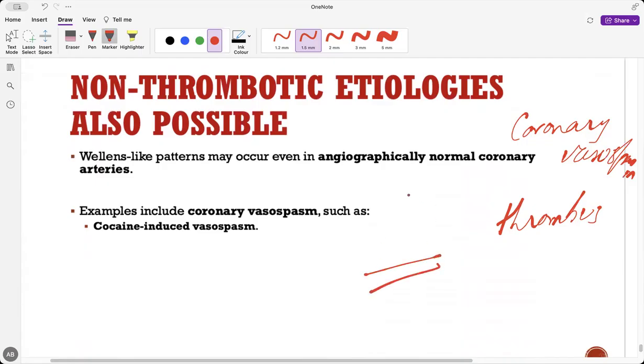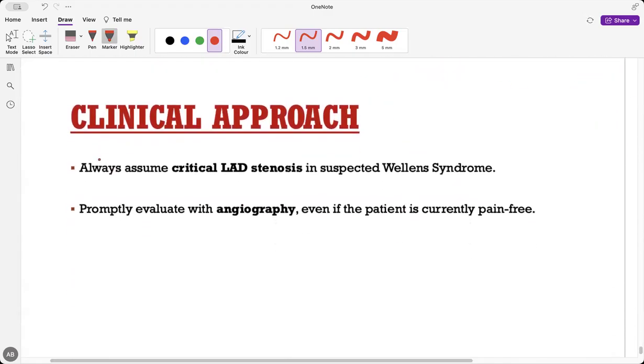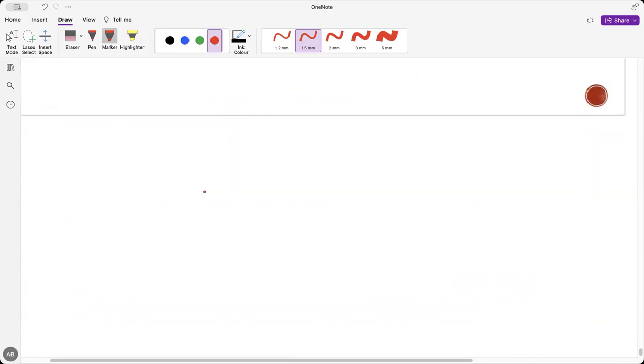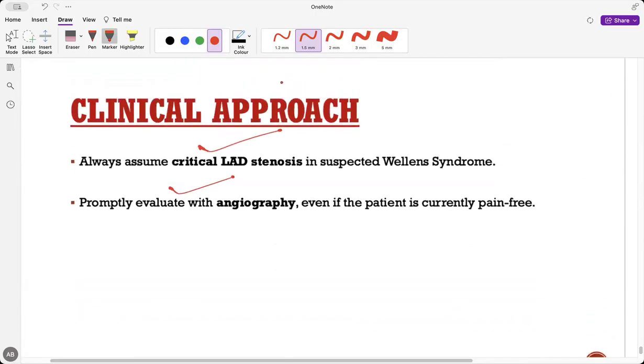If we keep suspecting vasospasm and do not evaluate, and there is a large plaque present that converts into STEMI, you may lose the patient. So it is always better to be on the safe side and immediately take the patient for coronary angiogram. Always assume critical LAD stenosis and promptly evaluate with angiography even if the patient is currently pain-free. Thank you.